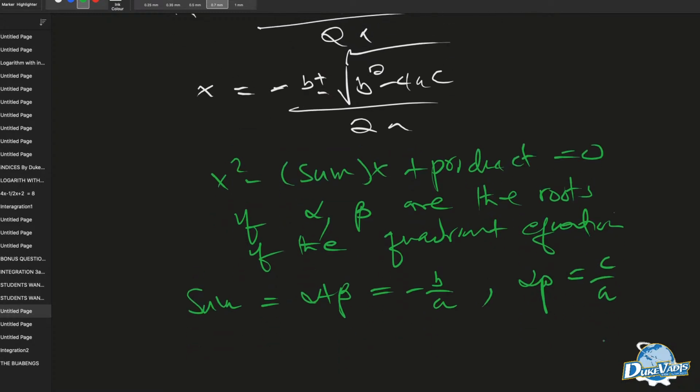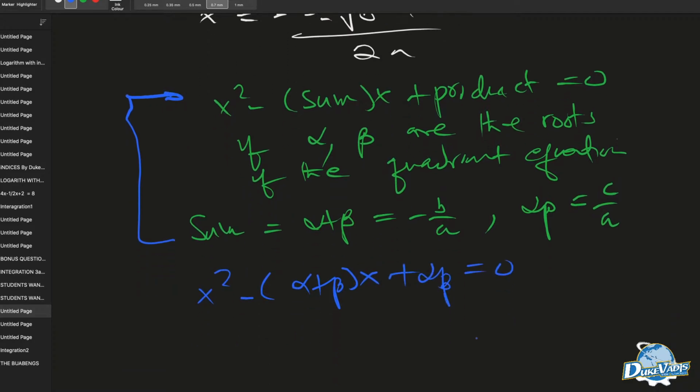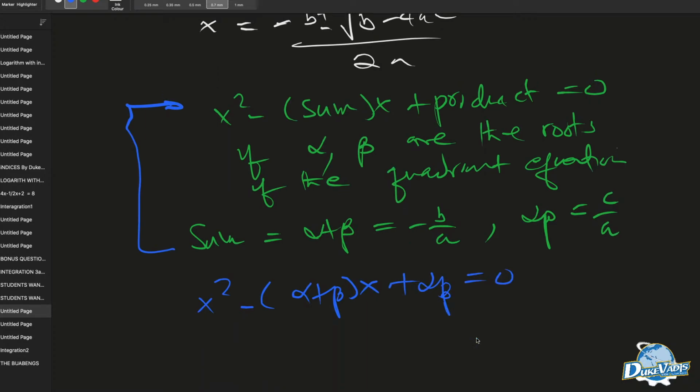So when we substitute these back into the expression, we say that x squared minus the sum, which is alpha plus beta, times x plus alpha beta is equal to 0. Substituting the respective variables, we say x squared minus negative b over a x plus c over a is equal to 0.